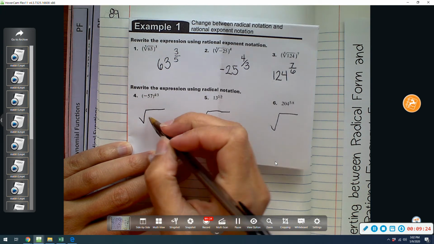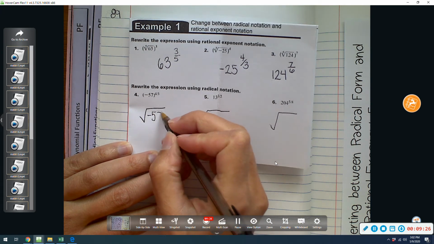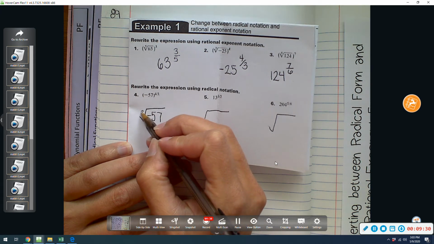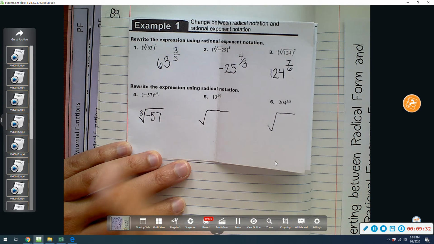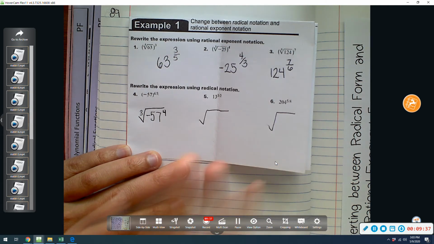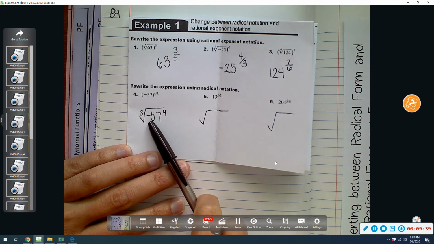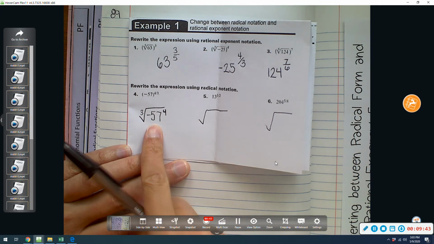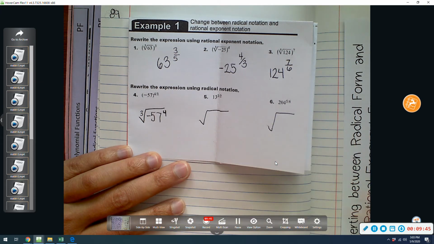Okay, so my number is negative 57. The denominator comes out and becomes your root, and then the 4 stays with the 57. Mathematicians aren't super picky here. The 4 can be under the root or outside the root. It doesn't matter. It just belongs with the 57, so either way is fine.